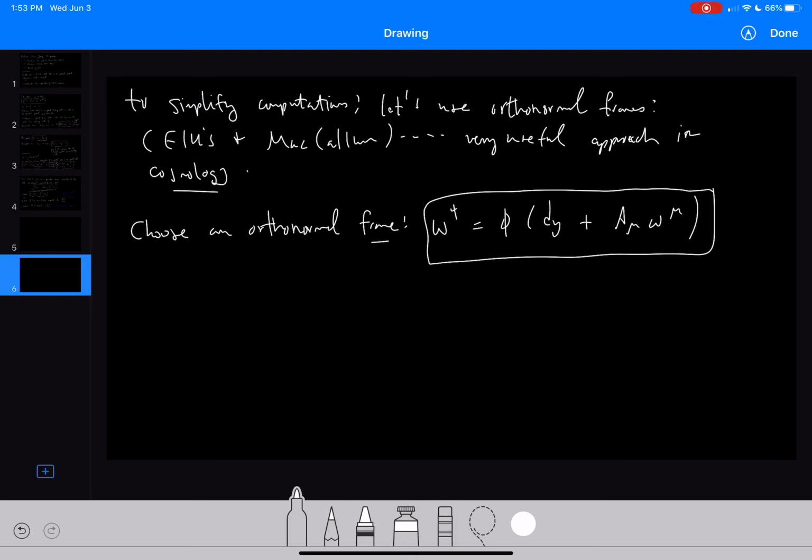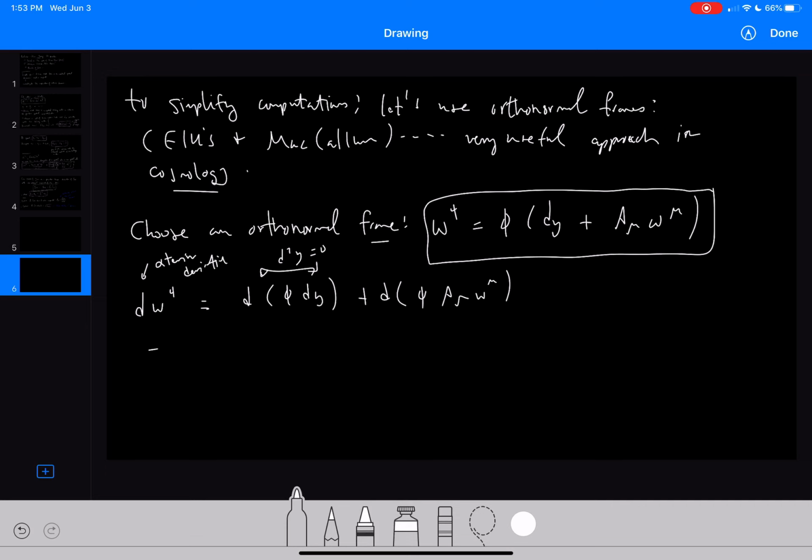So I can write d omega 4, the exterior derivative, equal to, let's apply it on each component, d phi dy plus d phi A mu omega mu. And of course, the term with dy drops out to 0 because you get d squared y, and that's equal to 0 by what we know about differential forms.